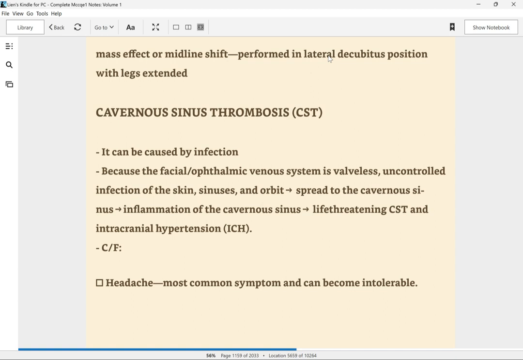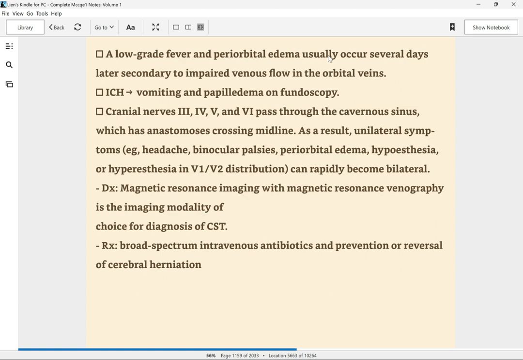C/F: headache is the most common symptom and can become intolerable. A low-grade fever and periorbital edema usually occur several days later secondary to impaired venous flow in the orbital veins. ICH → vomiting and papilledema on fundoscopy. Cranial nerves 3, 4, V, and 6 pass through the cavernous sinus, which has anastomosis crossing midline.